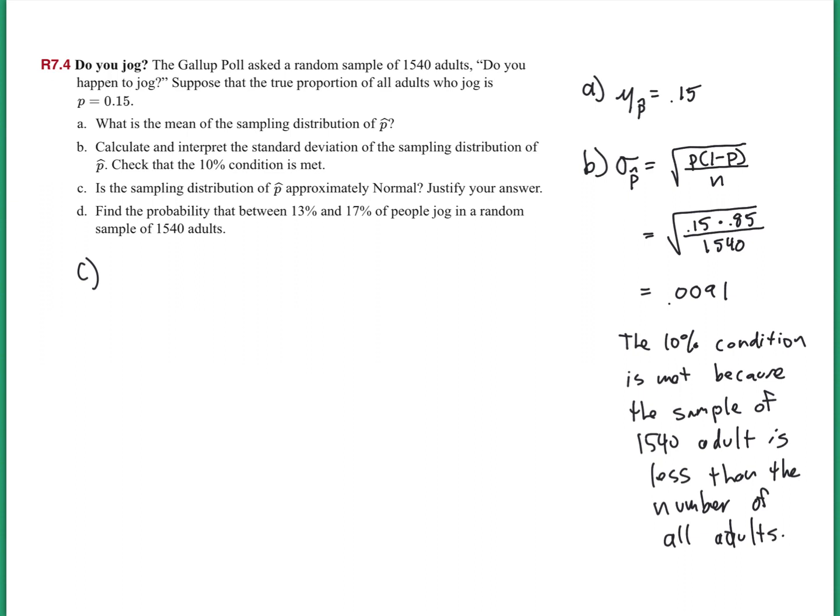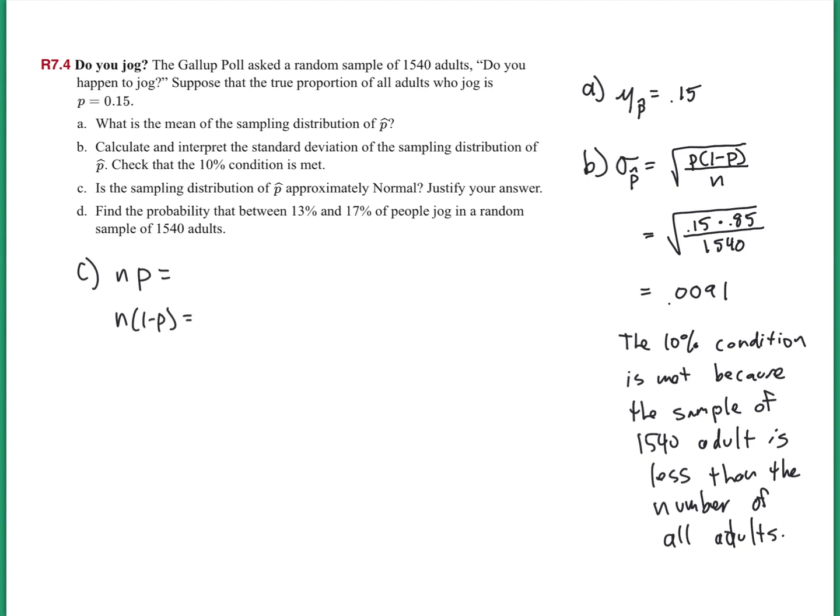Okay, part C. Is the sampling distribution of p hat approximately normal? Justify your answer. Yeah, so it'll definitely be approximately normal. If we look at the large counts condition, we look at n times p and n times 1 minus p.